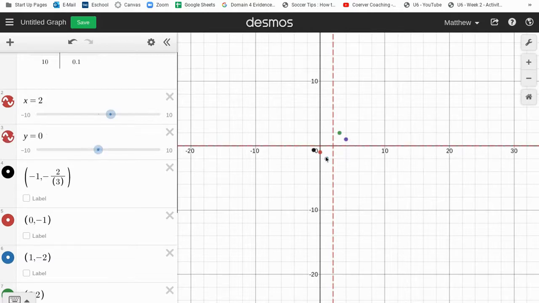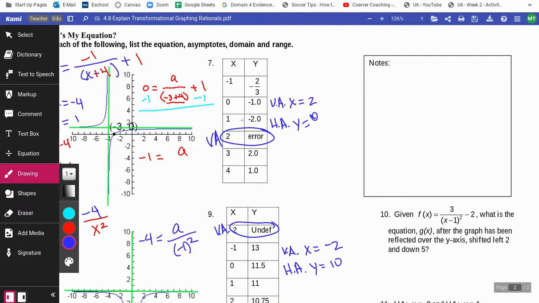Okay, and so that looks about right. So that's one way you can do that. If you can't see the HA, just plug these into Desmos and then adjust your VA and HA based off of those points, right? But again, the VA should be easy to see.